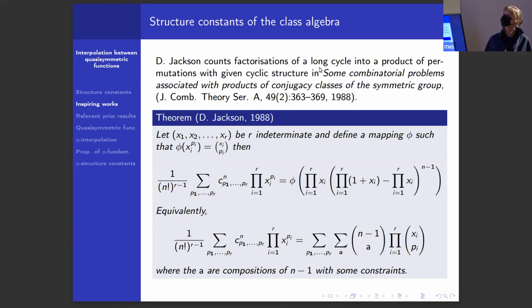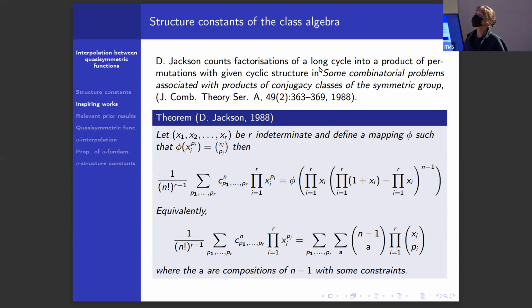So David Jackson proved the following formula for the generating series for these numbers, which can be expressed very elegantly in the basis of falling factorials.